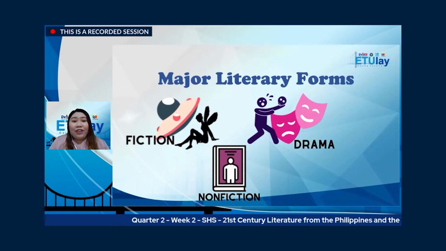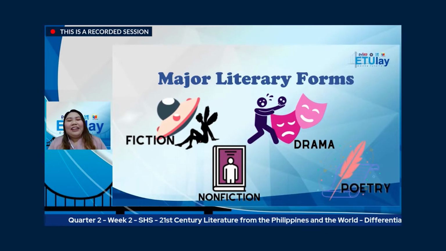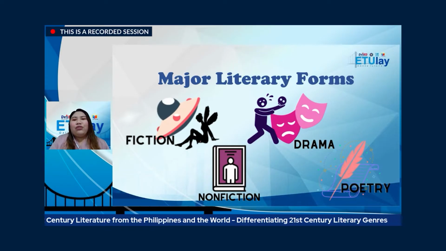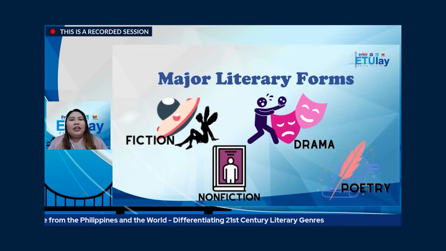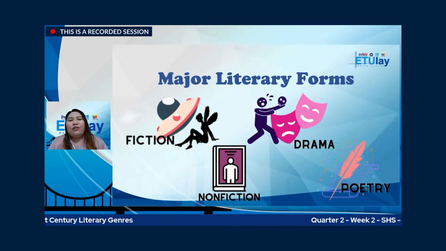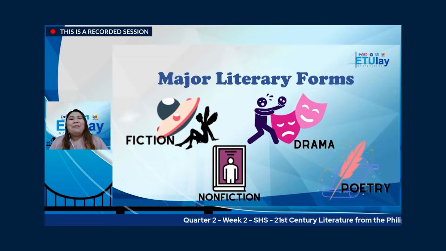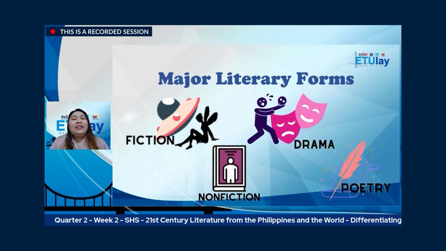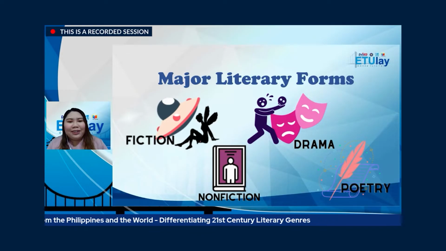Lastly, poetry, with rhyming schemes, metrical verses, stanzas and lines. It's full of love, or hate at times, or joy, or simply about nature. These are the four major literary forms that we've learned since we were younger.